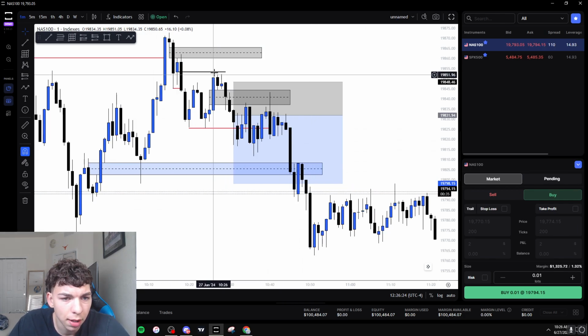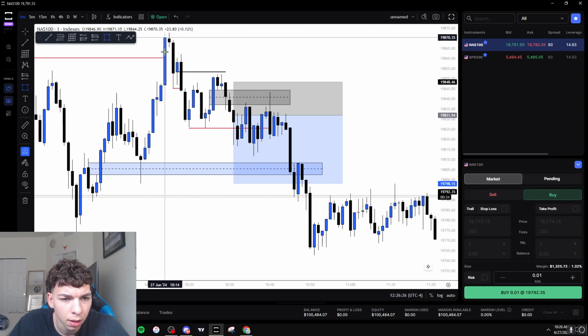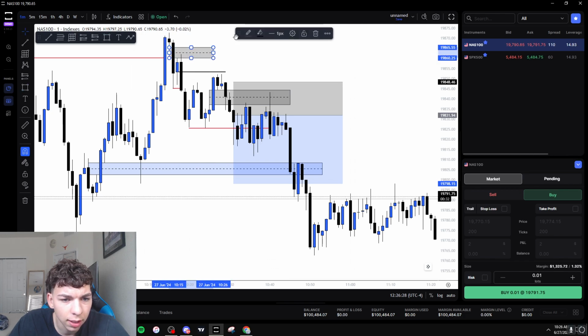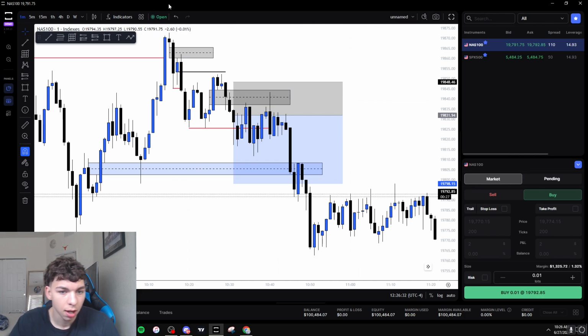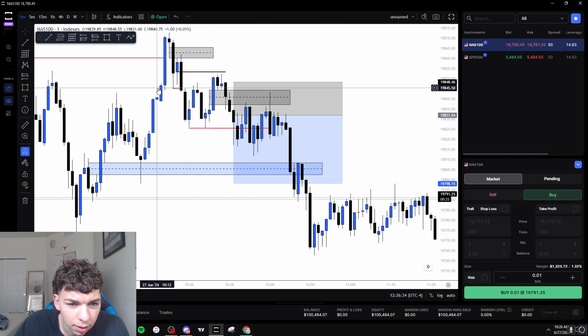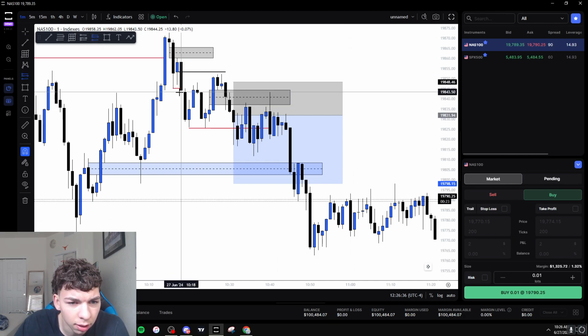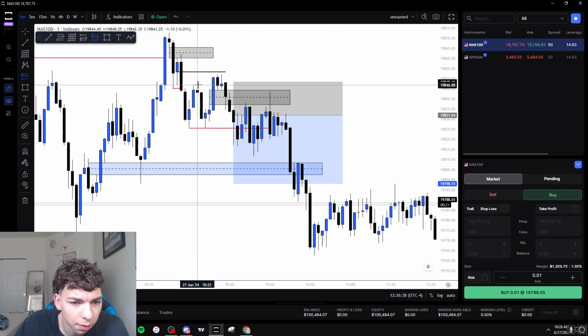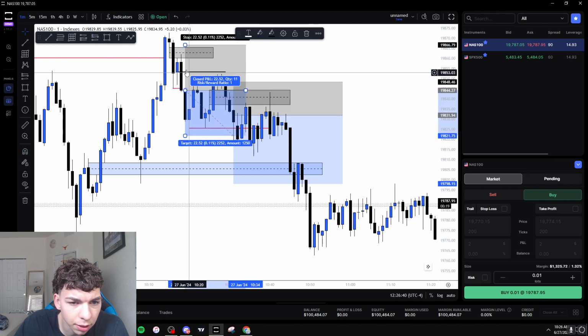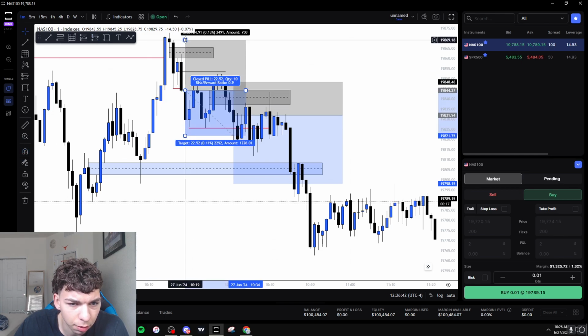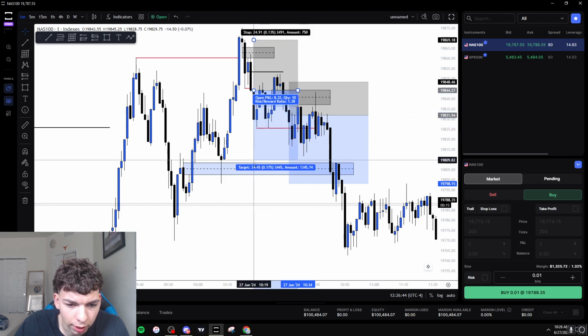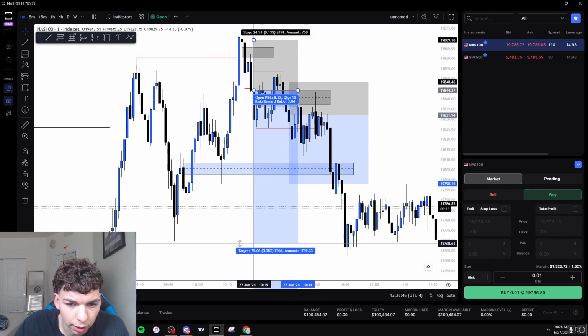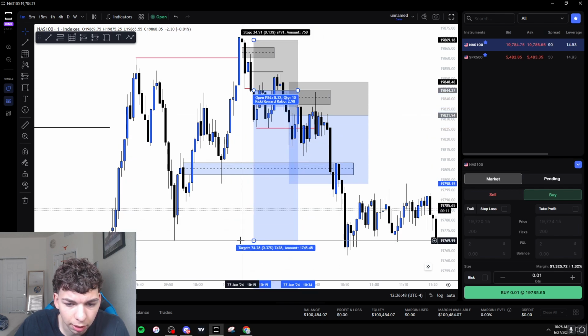We have a 1-minute fair value gap right here, and it gets filled and drops with a 1-minute break of structure. Realistically, this entry right here looked really good to me, and I was trying to enter right here, having my stop above the fair value gap, targeting liquidity down here, because that would have been so nice.